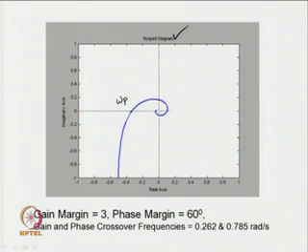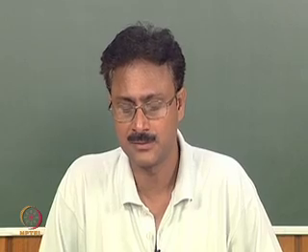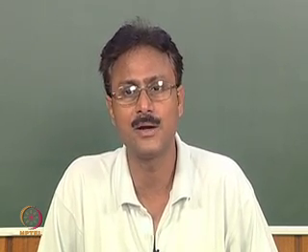Similarly, when the unity circle is plotted approximately of this form, this point gives us the gain crossover point omega g. So, at the gain crossover frequency we are at this point where the gain is equal to 1. So, similar information like the one we get from Bode plot can be obtained from Nyquist diagram. Basically, we are able to locate the phase crossover point and the gain crossover point.